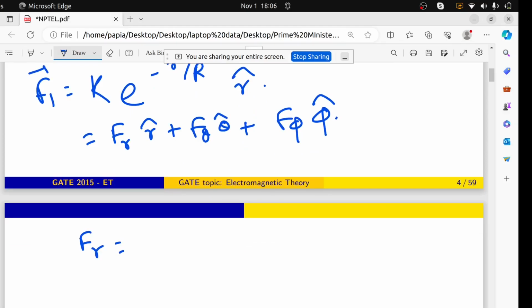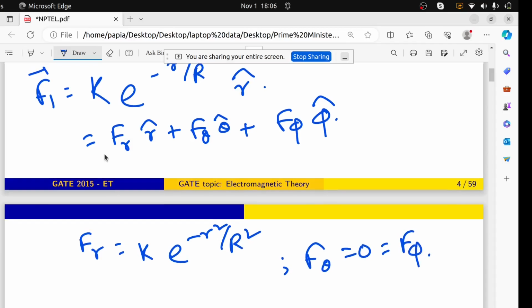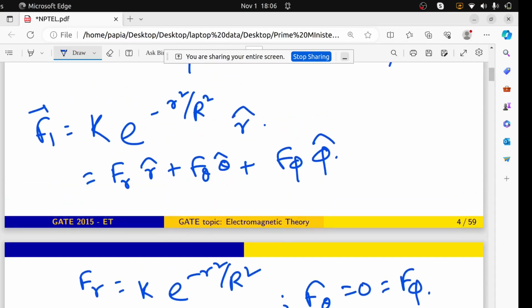So F r is k e to the power minus r square divided by capital R square, and the rest of the things are 0, because only r cap is there.